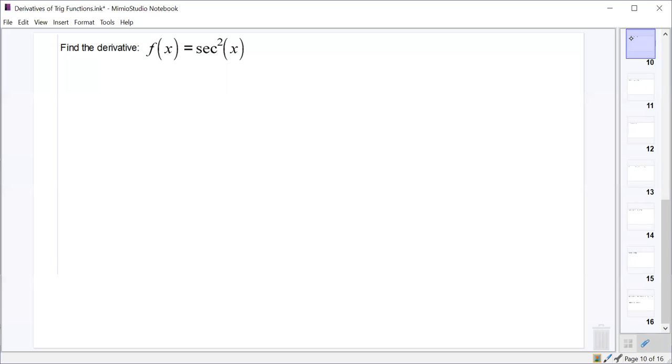So it seems like the power rule is a good idea, right? Unfortunately, the power rule only works for something like a variable squared, not yet, at least, for a function, secant x squared. We're going to find a workaround with that tomorrow. But for right now, it would have to be x squared or y squared or u squared or something like that.